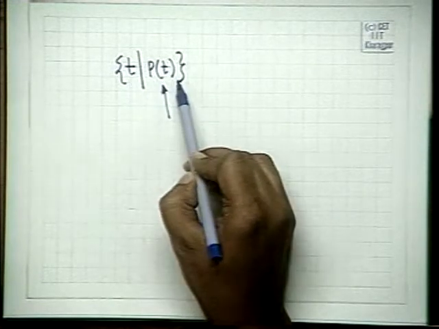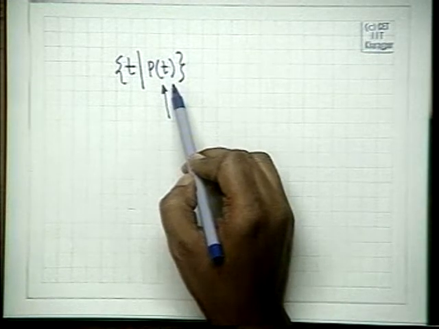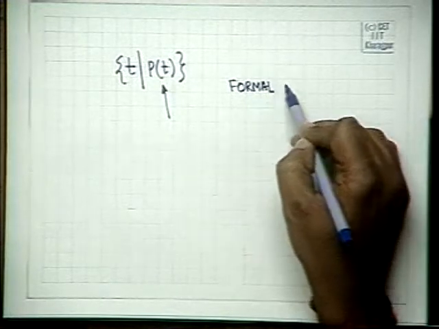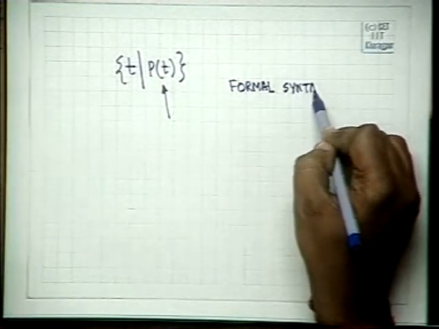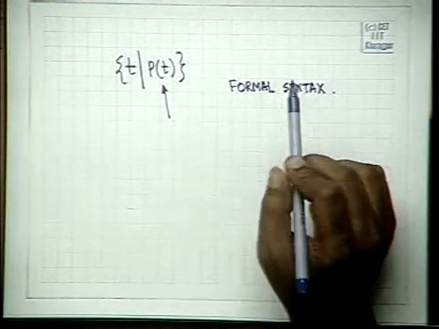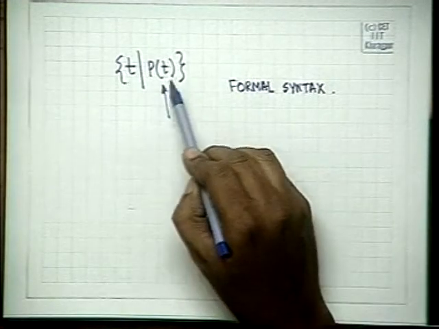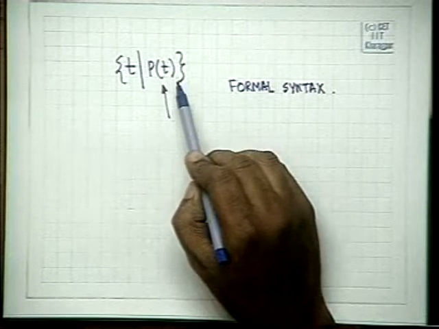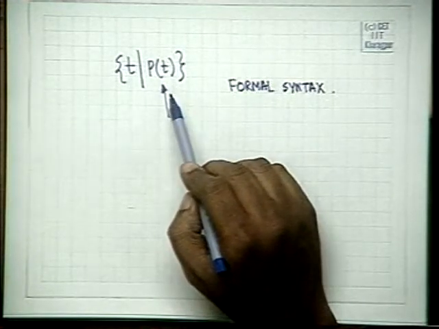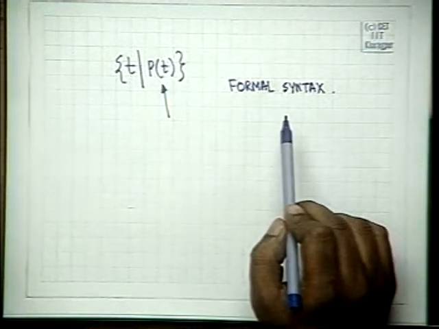Now this Boolean expression is expressed in a particular syntax. This syntax is called the formal syntax of tuple relational calculus, and this formal syntax will consist of a grammar which expresses exactly how the formulae which are mentioned here will be formed. We will not go into this in the first phase now. We will see several examples and hope that using these examples the formal syntax will be quite clear.